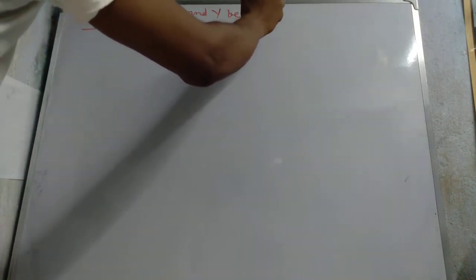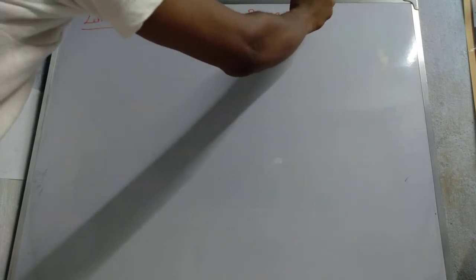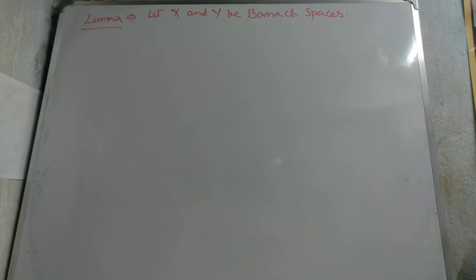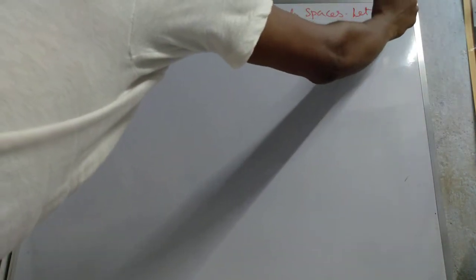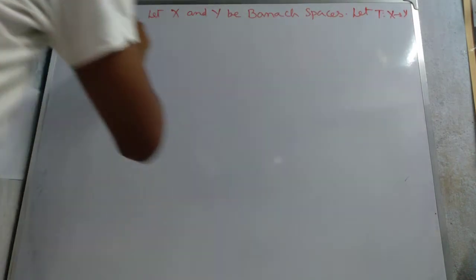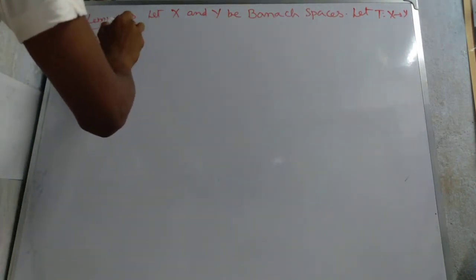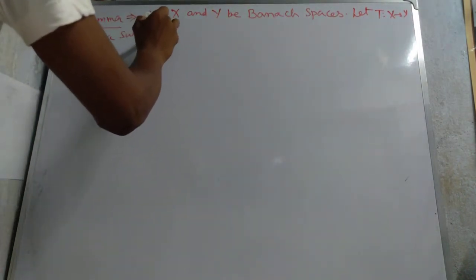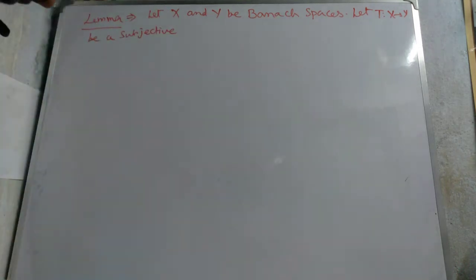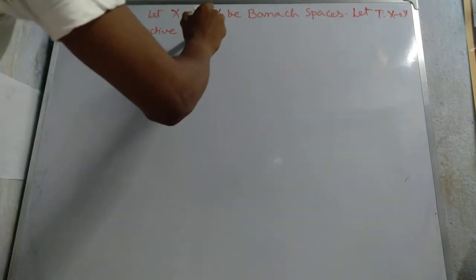Let X and Y be Banach spaces and let T: X → Y be a surjective bounded linear operator.